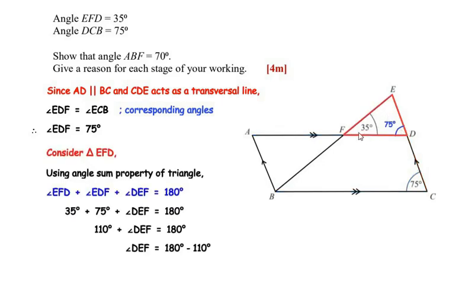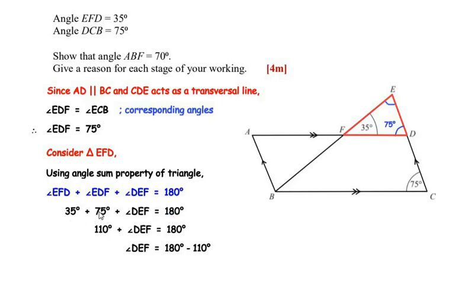Now once we have found this, let us focus on the triangle EFD. Now using the angle sum property of the triangle, let us try to find out the value of angle DEF, that is this angle. So here we have written, using angle sum property of triangle, angle EFD plus angle EDF plus angle DEF is equal to 180. Now we have the values of these two angles as 35 and 75. So 35 plus 75 plus angle DEF is equal to 180.